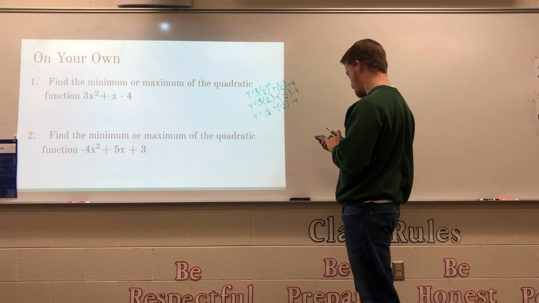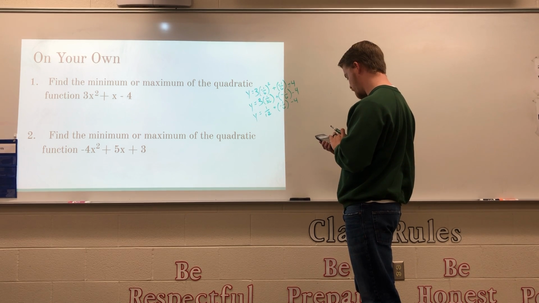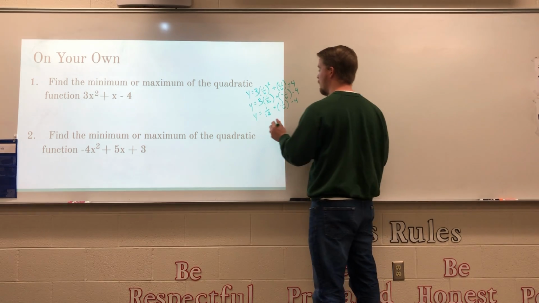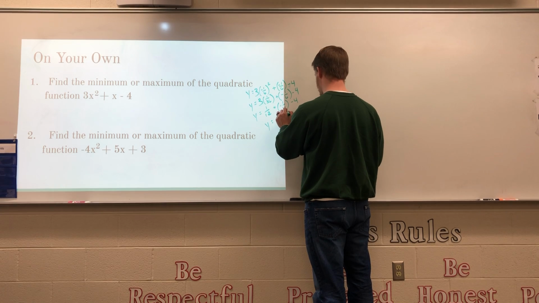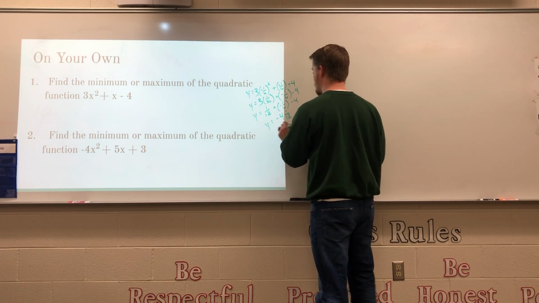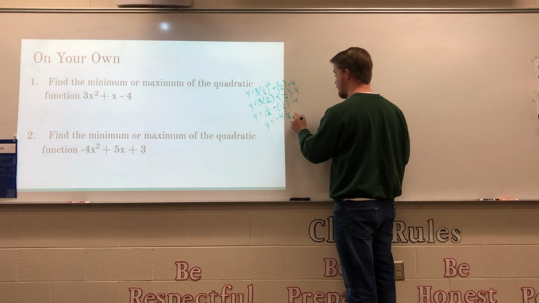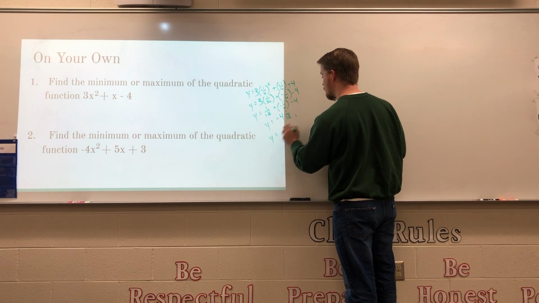And then we can just plug this into the calculator. 1/12 plus negative 1/6 minus 4 will give you y equals negative 4 and 1/12. Or if you want to write it as an improper fraction, it would be y equals negative 49 over 12.